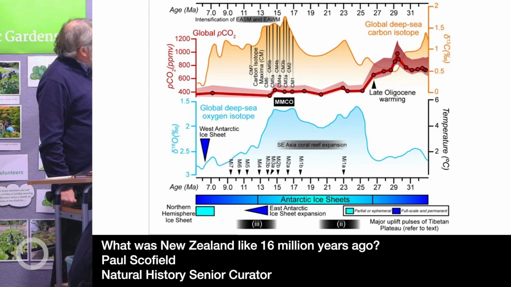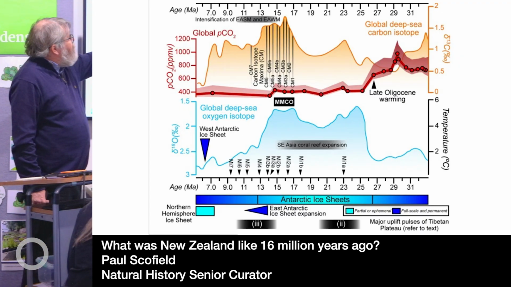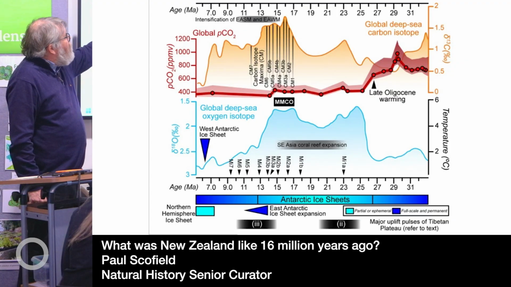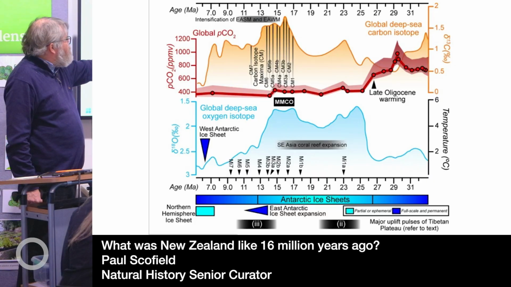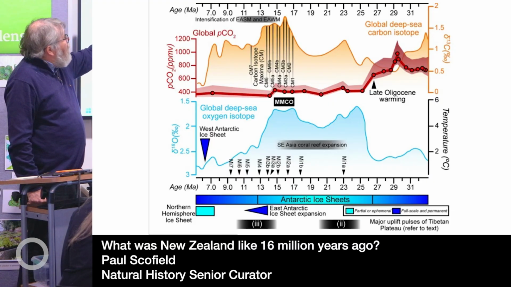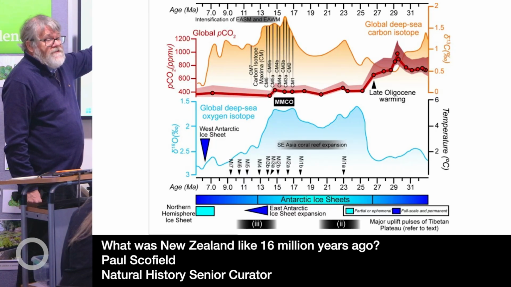If you look at the orange or yellow graph there, that is effectively a proxy for temperature. And that proxy is supported by the blue line there, which is another proxy, suggesting that the temperature in the earliest part of the Miocene, about 16 million years ago, was much, much higher than it is today.